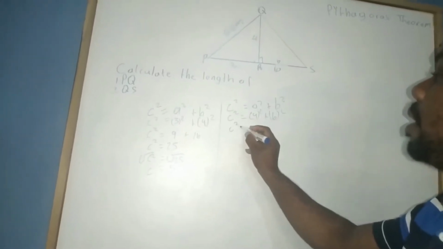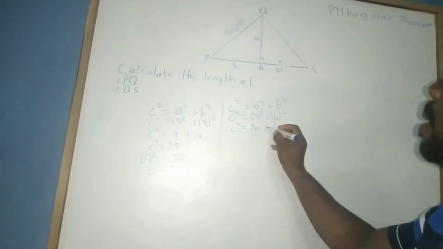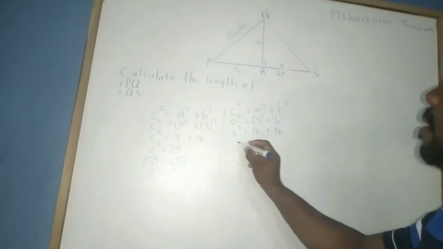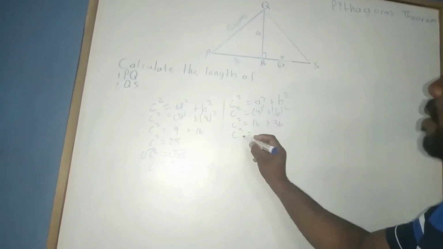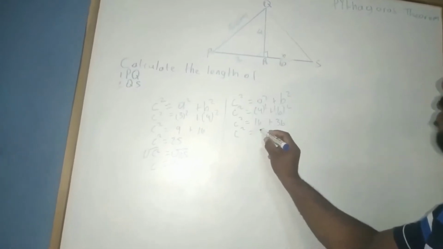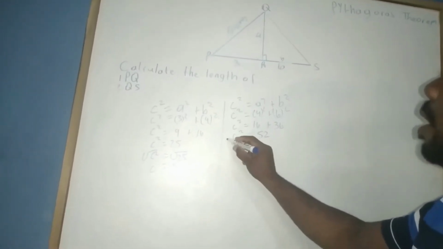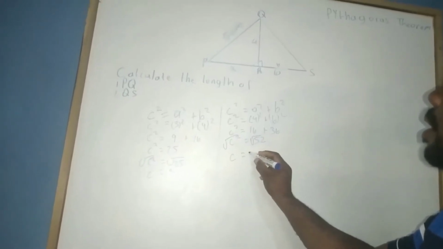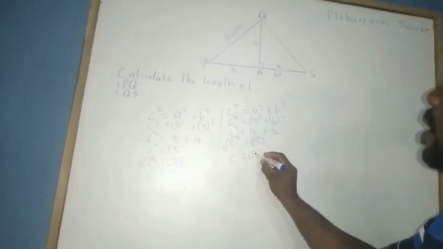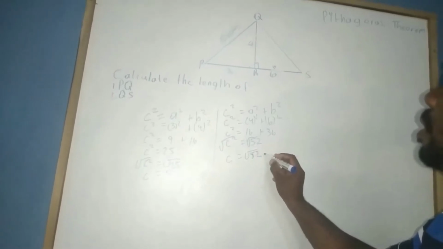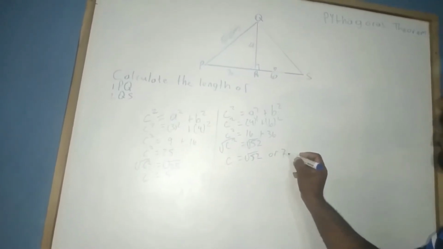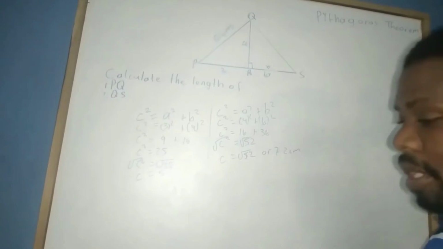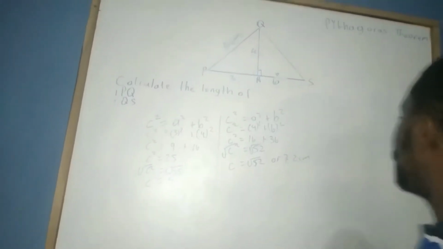C squared is equal to 16 plus 36, so C squared is equal to 52. Taking the square root of both sides, C is equal to the square root of 52, or 7.2 centimeters. We're going to look at two other examples just to solidify that.